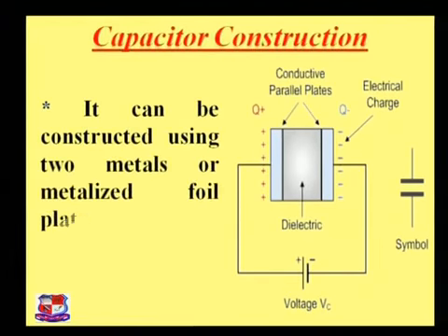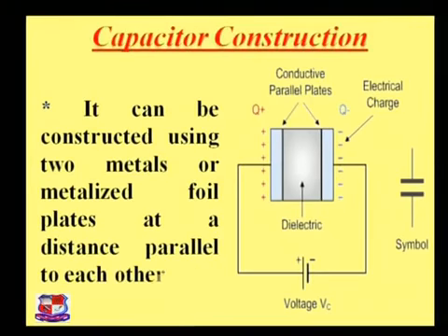This is the construction of a capacitor. At the right side you can see the symbol of a capacitor, the two parallel conducting plates. Now, from the figure we can see that the two conducting plates are connected with a battery of V voltage.